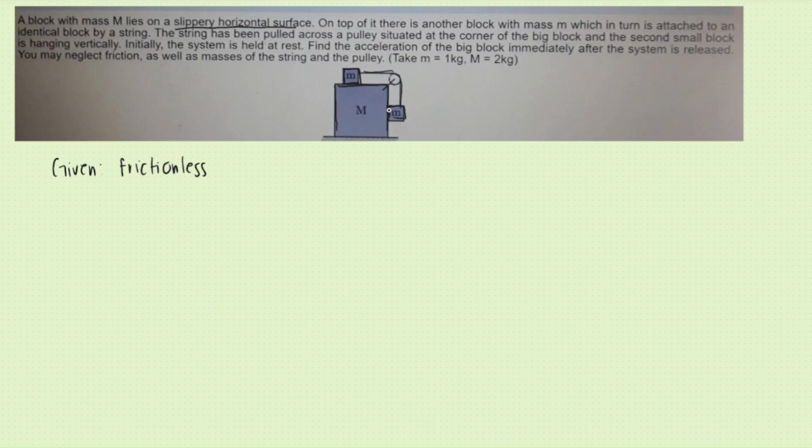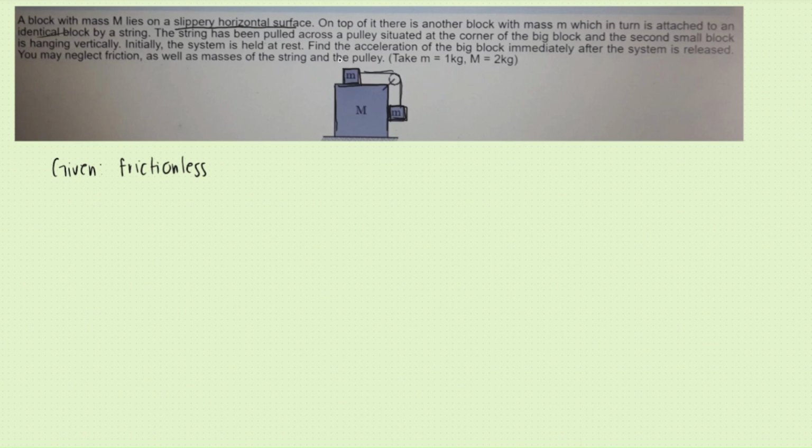It's attached to a different block which is identical in mass. Identical means they have the same mass. The string has been pulled across a pulley situated at the corner of the big block, and the second small block is hanging vertically. So this small block with mass small m is hanging vertically.